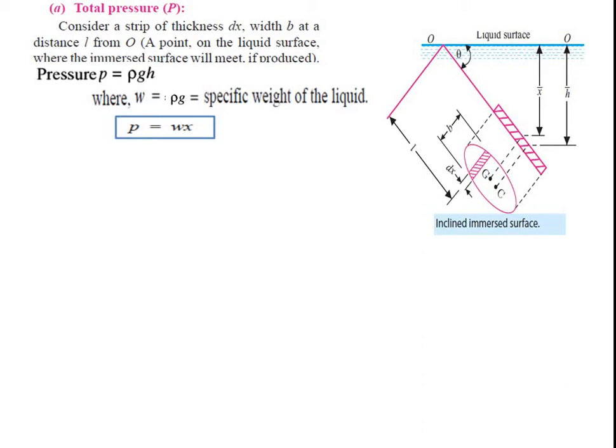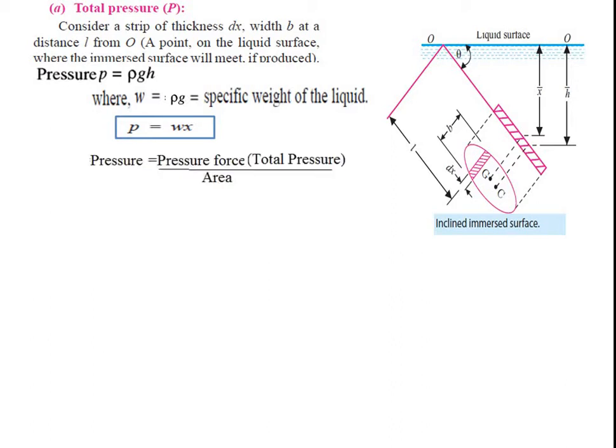Now h is the vertical height. Suppose we assume that this vertical height is x. Therefore we can write the pressure P equals W into x. Instead of h, we have put x.